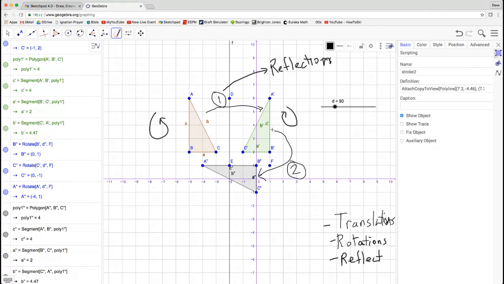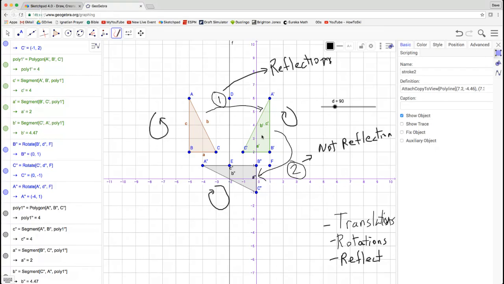Now think about number 2 here. If I want to go from here to here, this is not a reflection because this one is in a counterclockwise direction, and this one is in a clockwise direction. I know it's not a reflection, because both are in a clockwise direction.